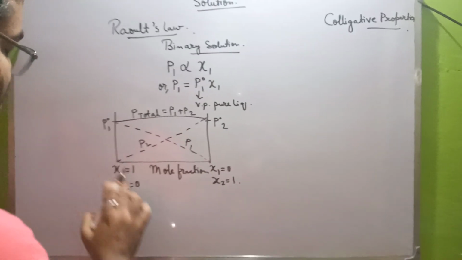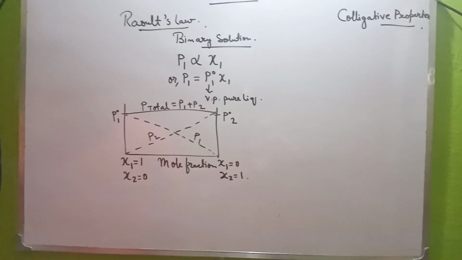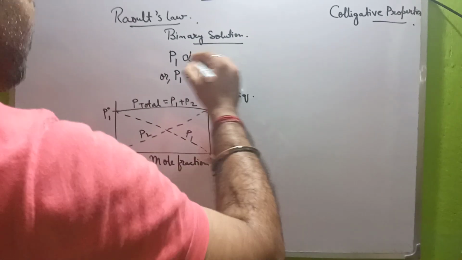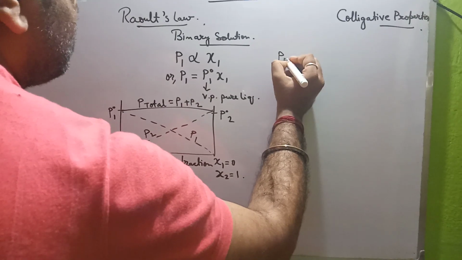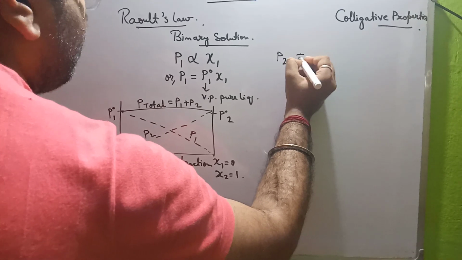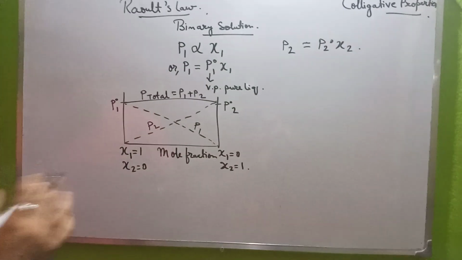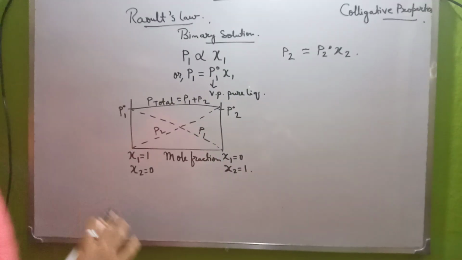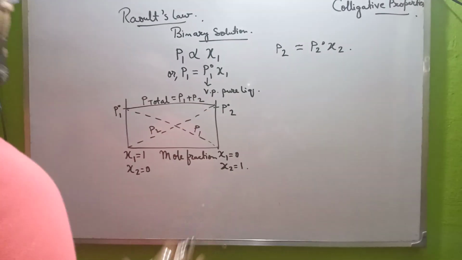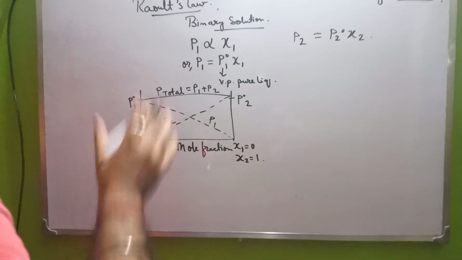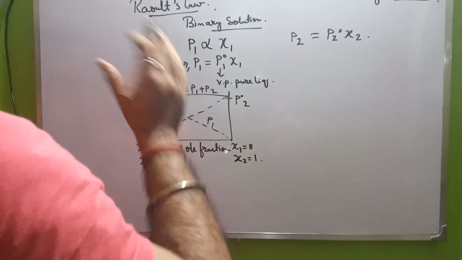Similarly for P2 also the same thing. So for P1 it is this, and for the solute P2 equals P2 naught x2. So this was what we discussed about Raoult's law on that day. So keep this in mind.